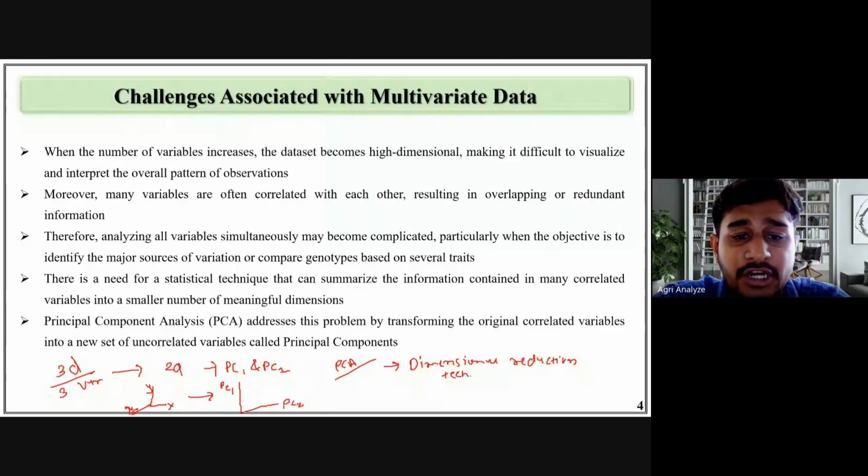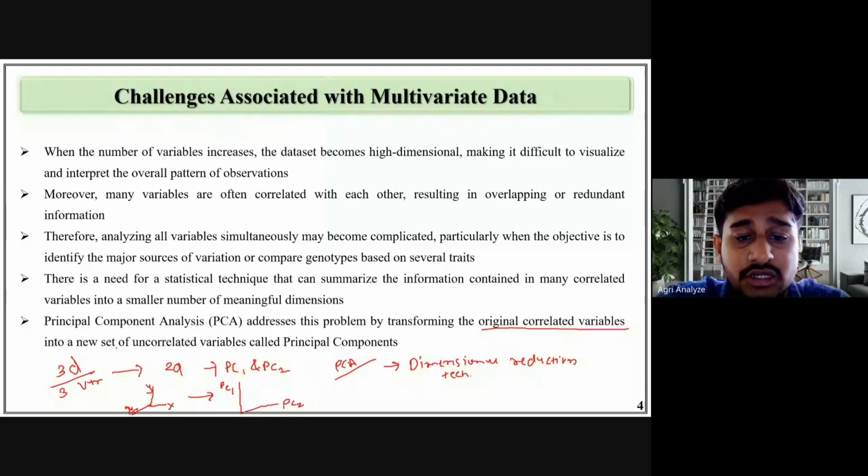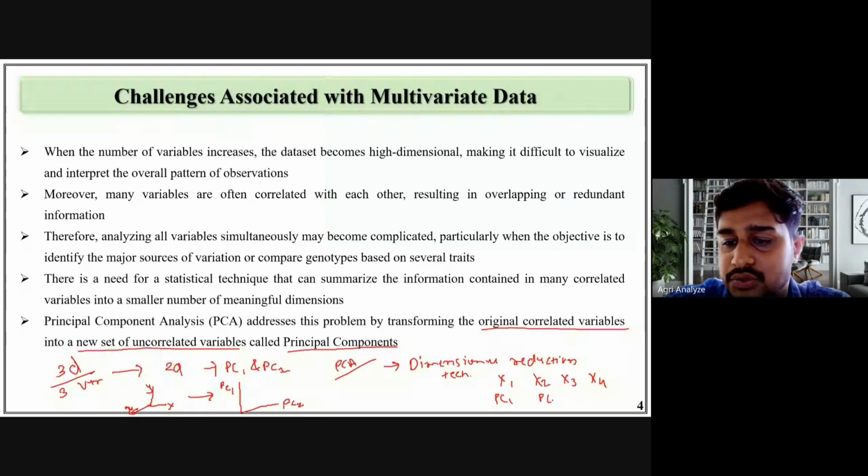So principal component analysis addresses this problem by transforming the original correlated variables. Here all the variables in multivariate data are correlated with each other. So this PCA technique transforms these correlated variables into a new set of uncorrelated variables, called principal components. So if we have x1, x2, x3, x4, PCA first makes 4 principal components: PC1, PC2, PC3, PC4.